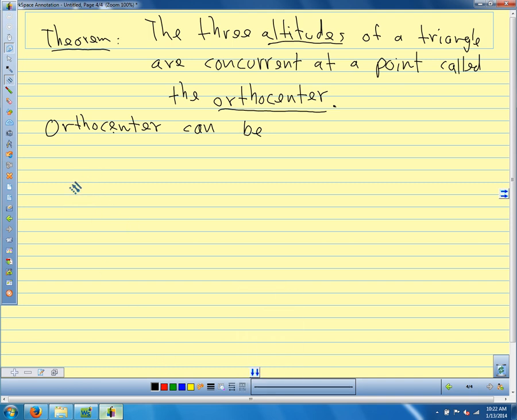So if we have a nice acute triangle, our orthocenter is inside our triangle. So it's inside an acute triangle.